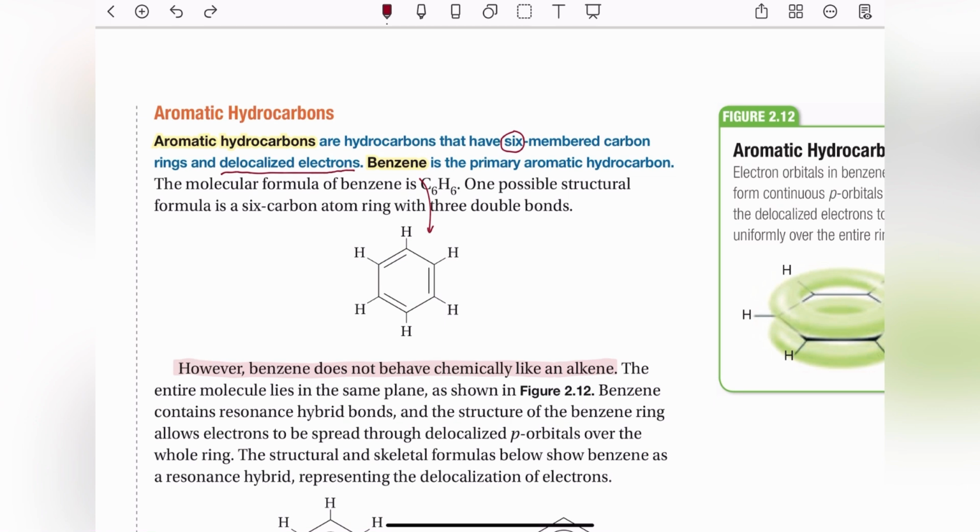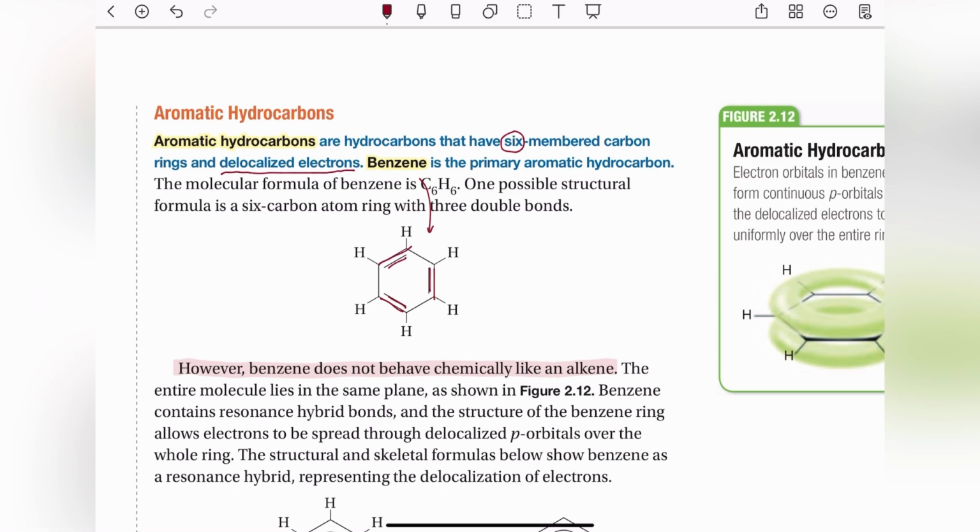This is important to note because we might think that benzene will behave like an alkene because it has these double bonds, but despite this fact, it does not behave chemically like an alkene.